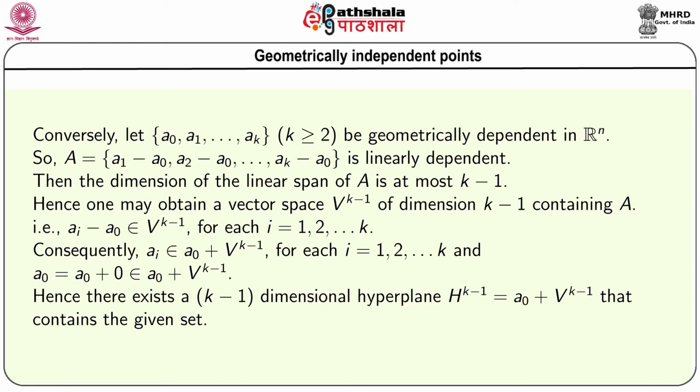Hence, there exists a k minus 1 dimensional hyperplane Hk minus 1 equal to A0 plus Vk minus 1 that contains the given set. It is clear from the last theorem that k plus 1 many geometrically independent points cannot lie in a k minus 1 dimensional hyperplane.